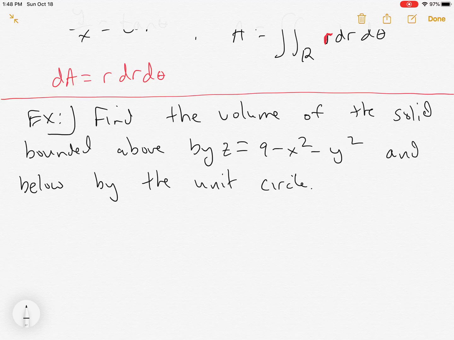So our area of integration here is the unit circle.